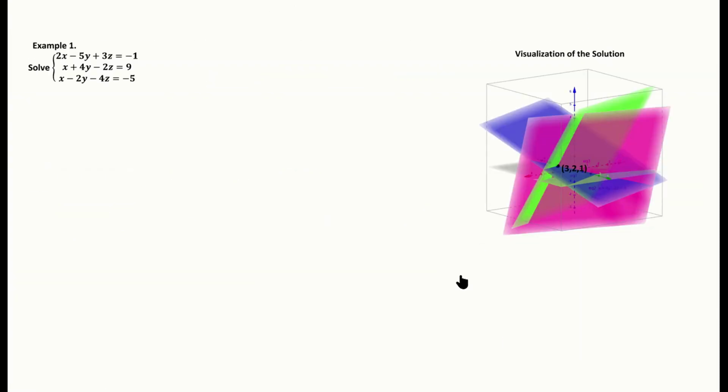Now, if you want to solve a system with 3 equations and 3 unknowns, such as this one, you can see that even though solving a system of 2 equations in 2 unknowns was not the most efficient approach, yet it wasn't all that bad. But you can see if you were to try to graph each of these planes every time you want to solve one of these and then try to find that point of intersection, that would be quite a feat.